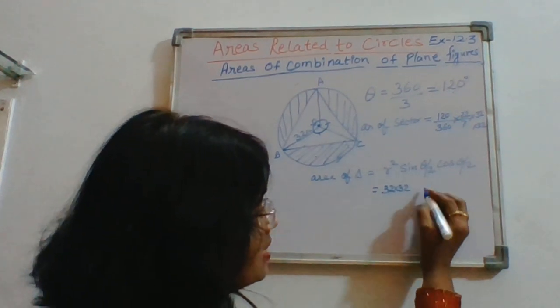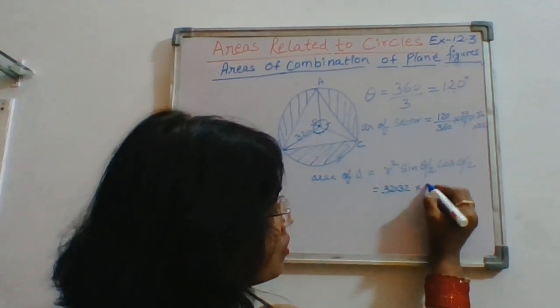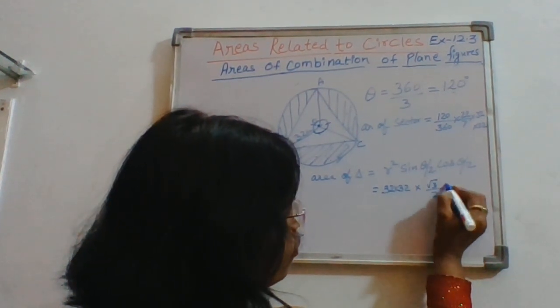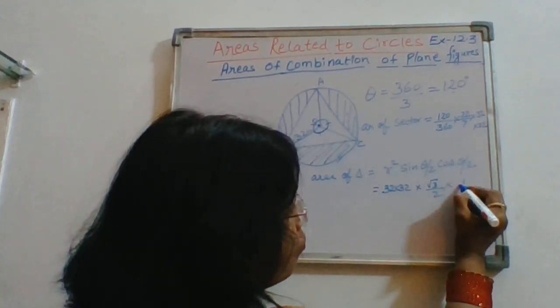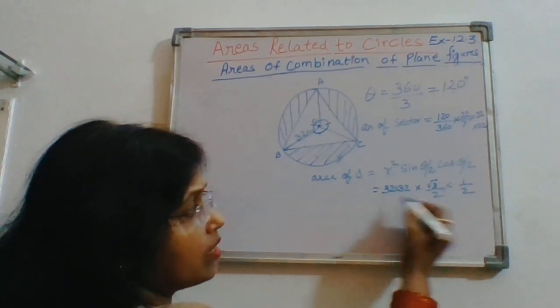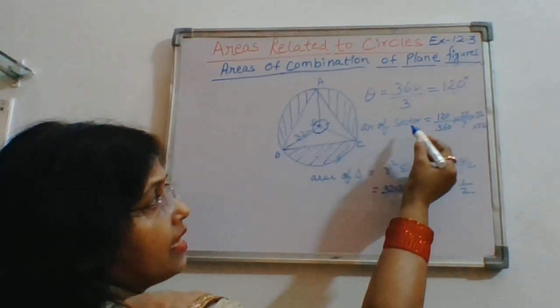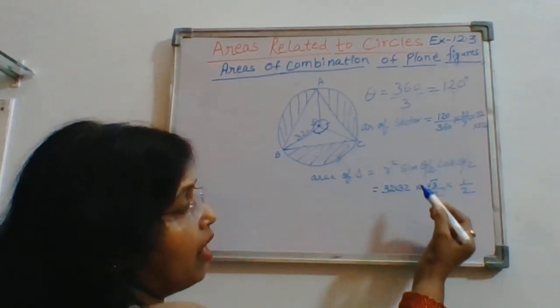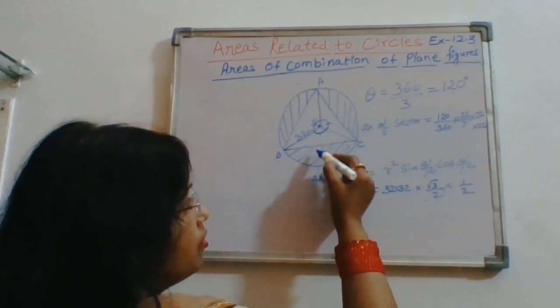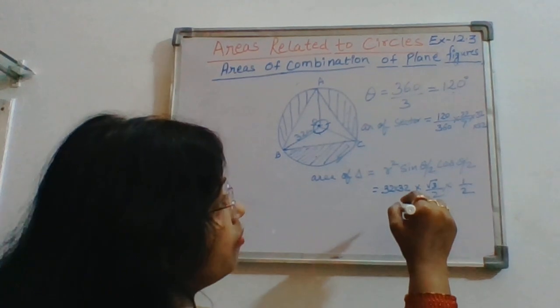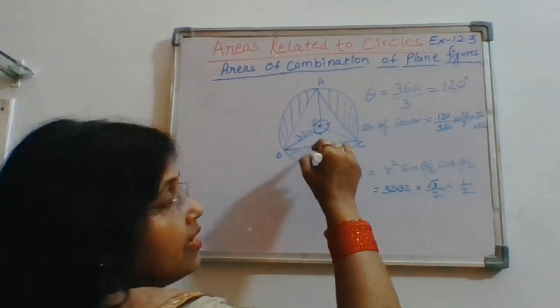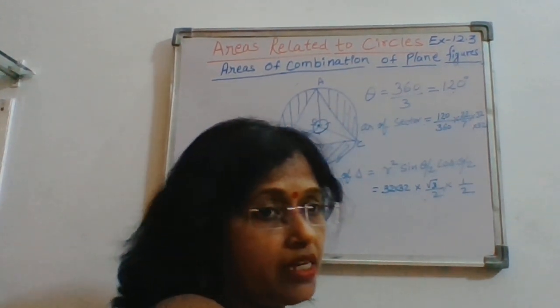The value of sin 60 is root 3 by 2. And the value of cos 60 is 1 by 2. Now you can calculate this value, and area of the sector minus area of the triangle will be giving you the area of one segment. Multiply it by 3, you will get the area of the 3 segments.